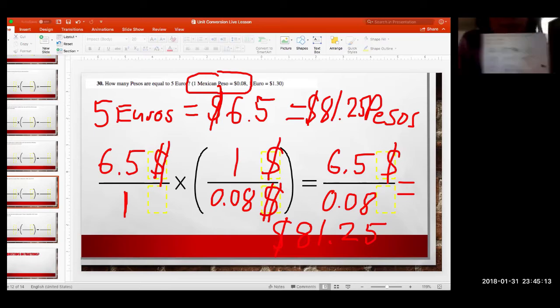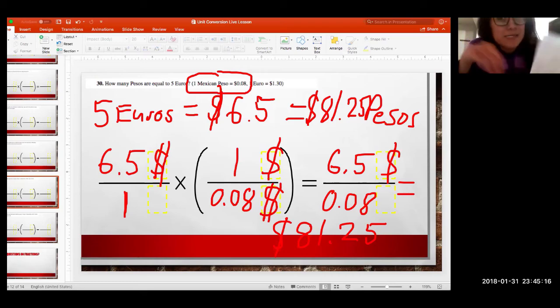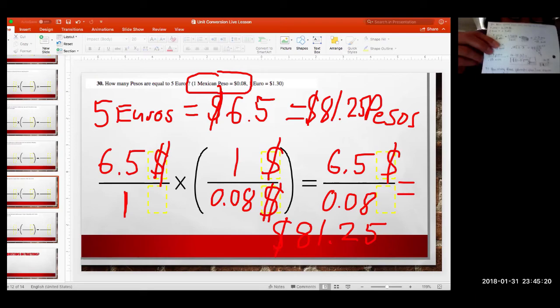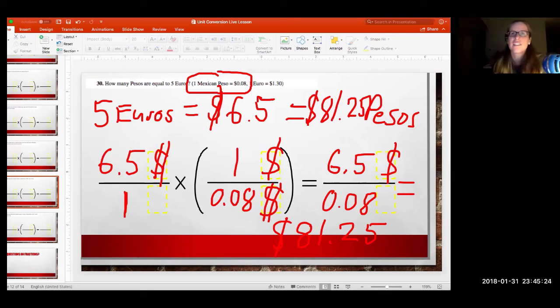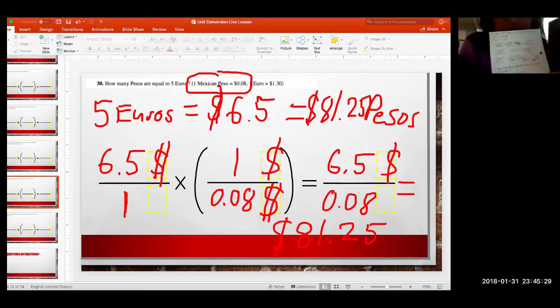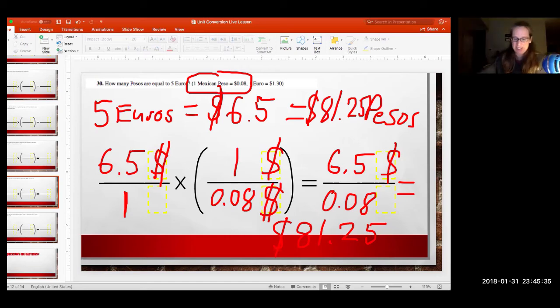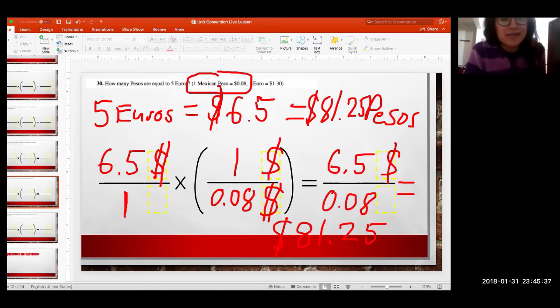But I think the method you say is better, because I got very confused. We have to use 4, or in this case 3, different units, and I don't know what value or what unit I have to put on the bottom or on the top, and it's so confusing. So it's better if we use this method that you are teaching us.